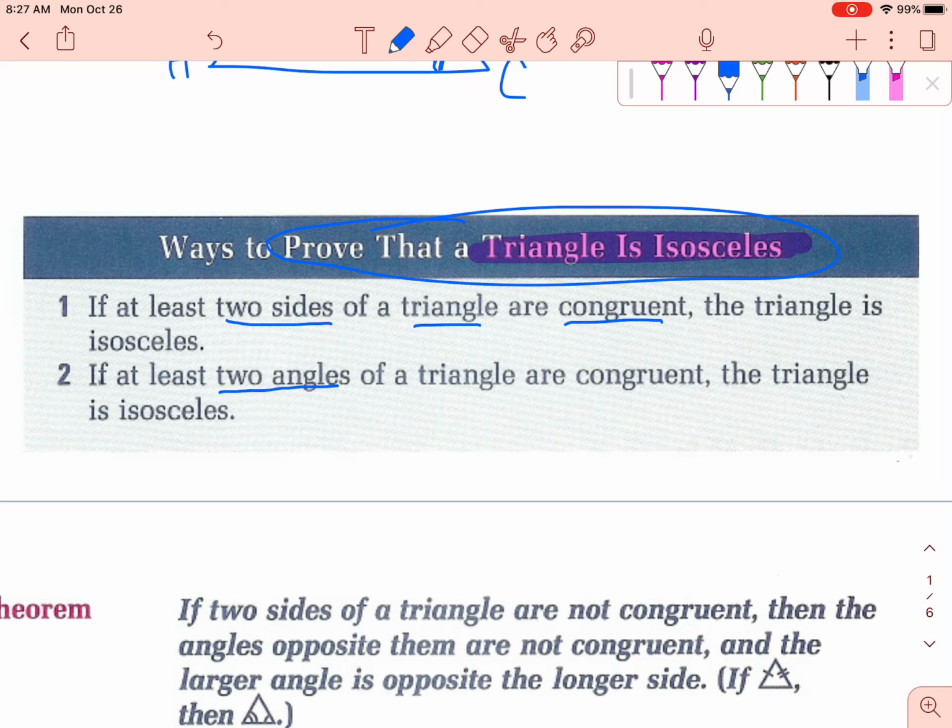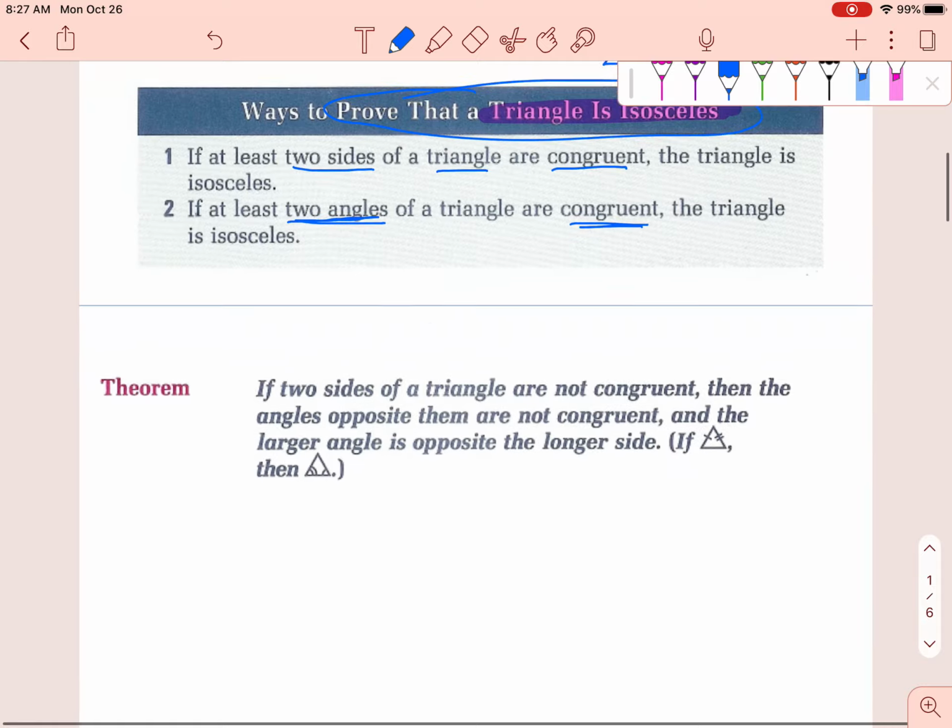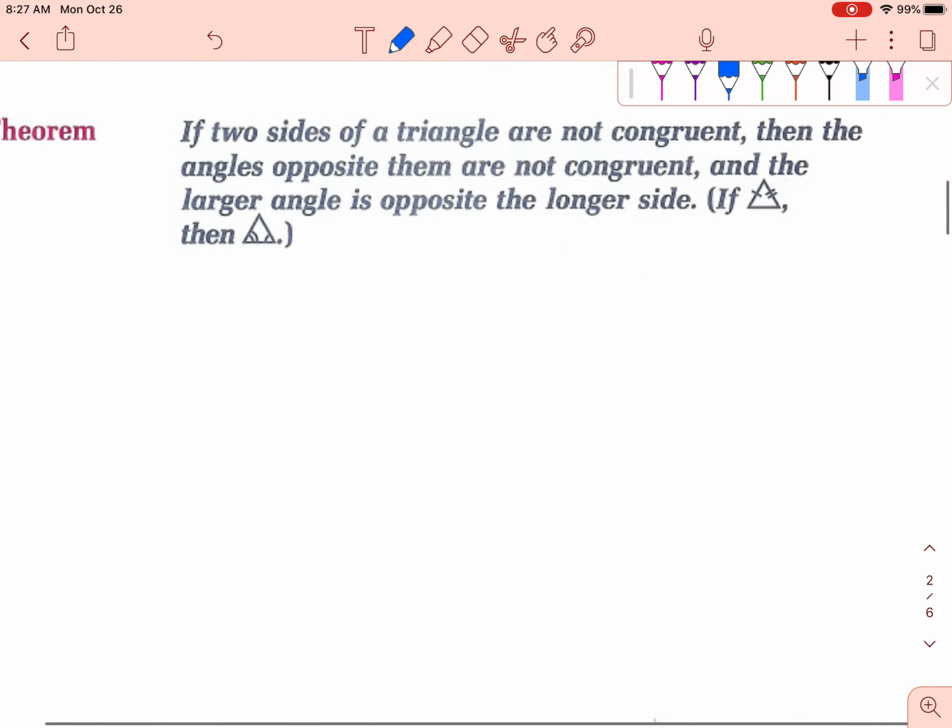And this comes from the definition: if you know that two angles are congruent, then you know that it is isosceles. We'll be doing some examples of how to prove something is isosceles, but these are the theorems. If you were writing a proof and you got this side equal to this side, you could then state, I know that this triangle is isosceles because if two sides of a triangle are congruent, then the triangle is isosceles.